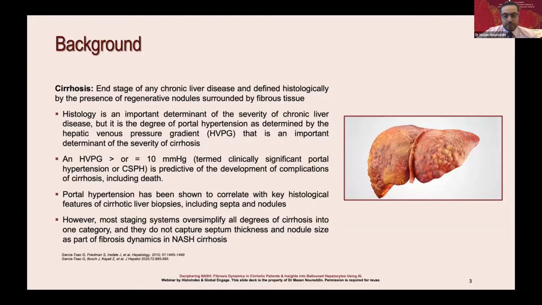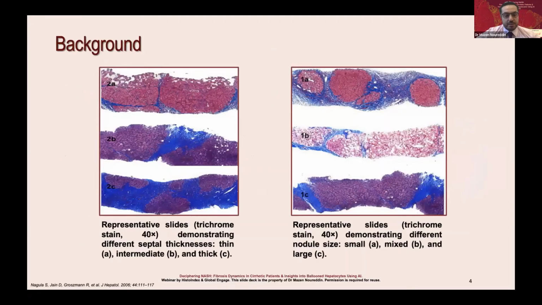And I'll show you a few examples in the next slides. So back in the 2000s, and I would like to acknowledge Professor Garcia et al. and Professor Gruzman. In addition, also Dr. Scott Friedman joined them eventually. They described these phenomena in cirrhosis, and they called for subclassification of cirrhosis.